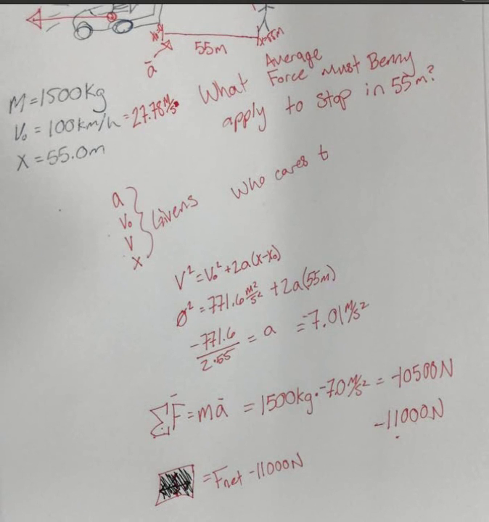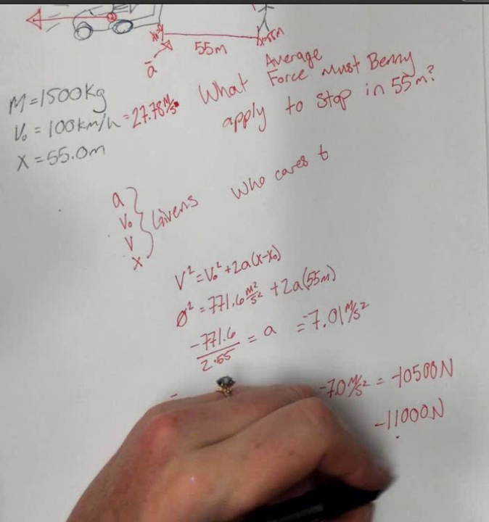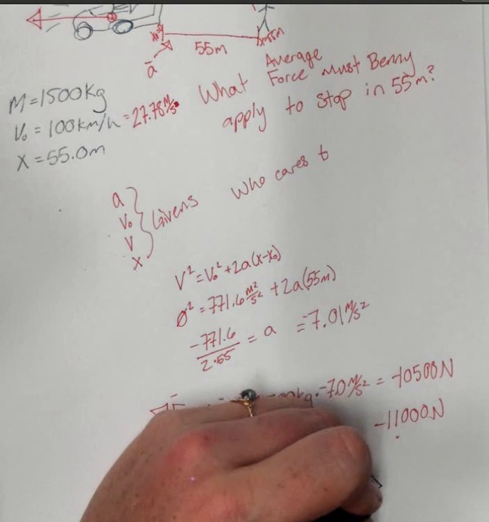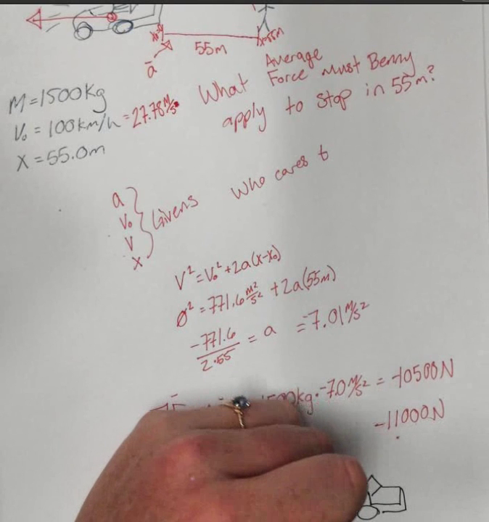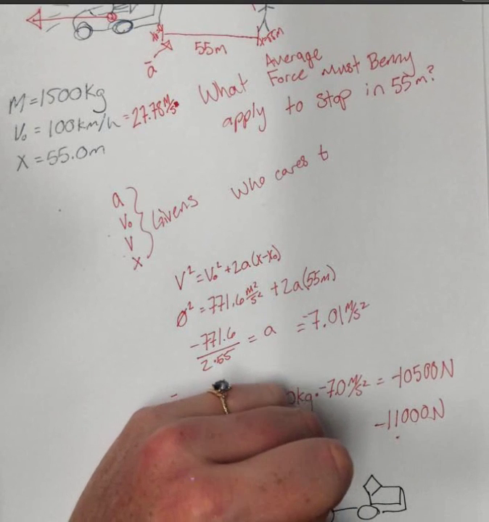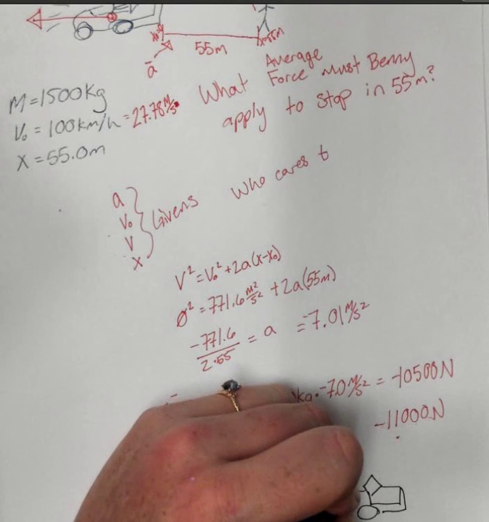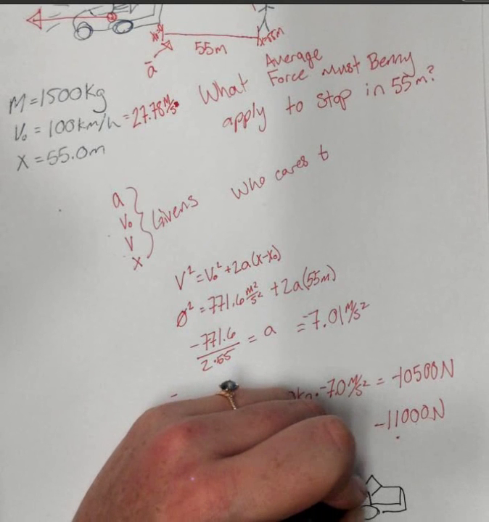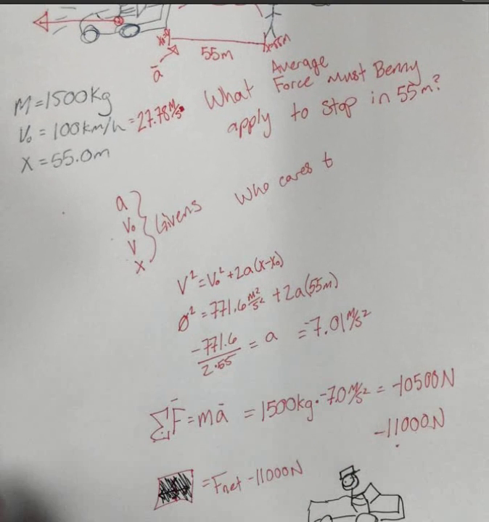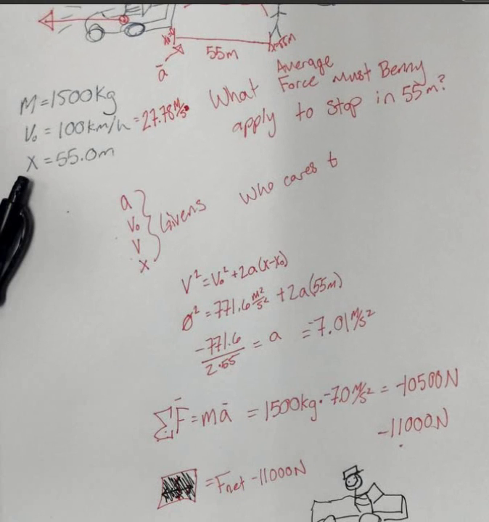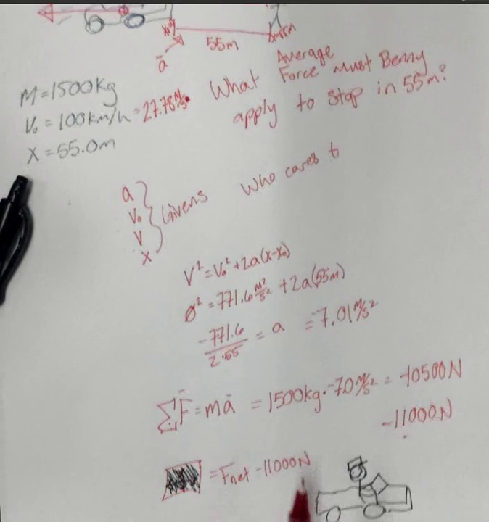That's good enough in situations where you're just interested in the average acceleration of an object or the net force that would be required to cause an acceleration. If we start asking questions about the individual forces that an object experiences, then we're going to need to be a little bit more detailed in what type of questions we ask and what type of forces are acting in what direction on the objects we're asking about. We know that the net force was a negative force along the axis.